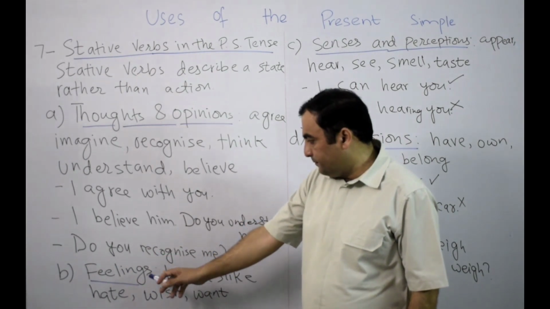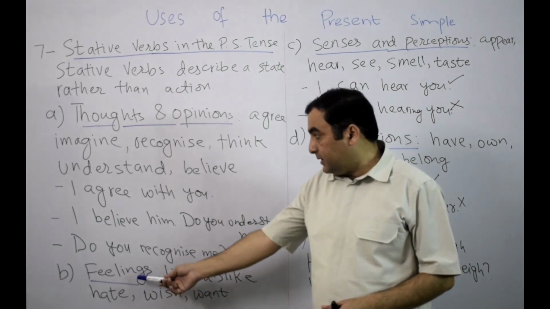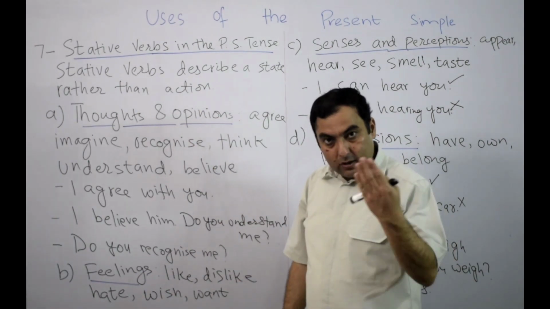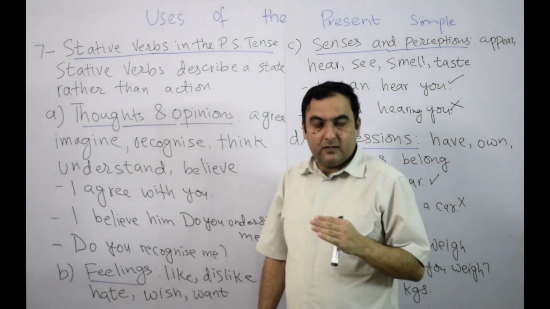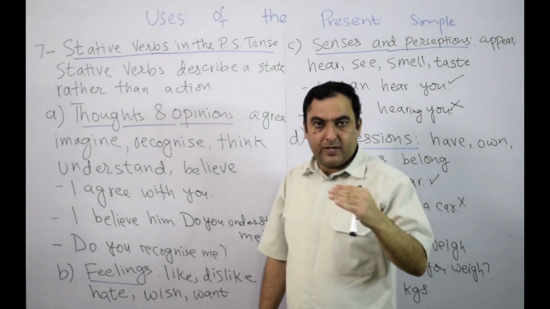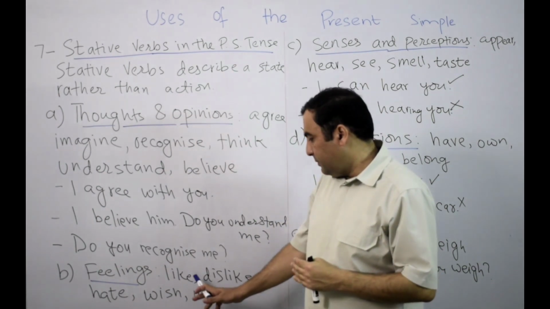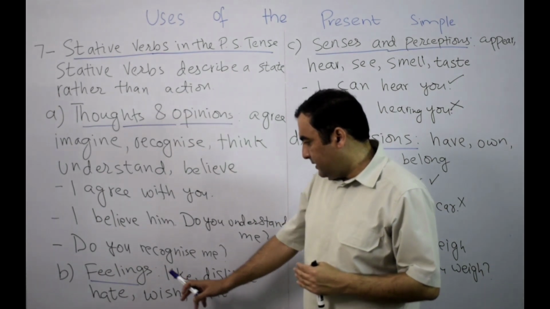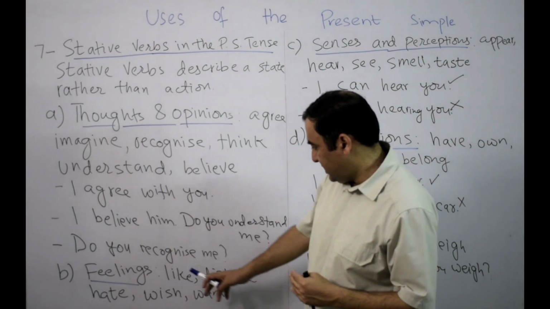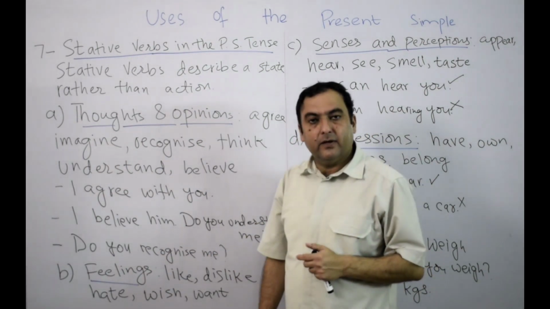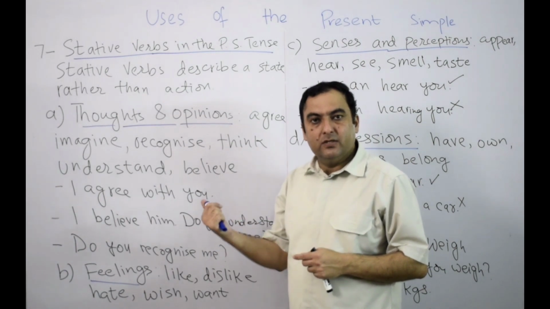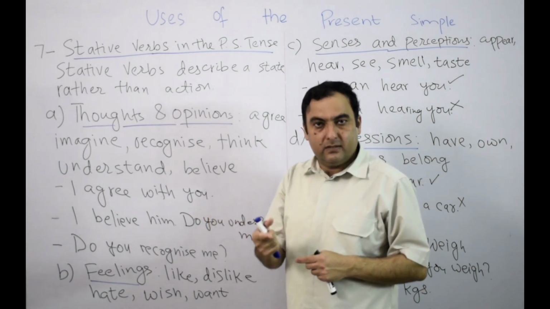Another subpart of the concept of stative verbs is feelings. Stative verbs express feelings. For example, like, dislike, love, hate, wish. Yes, love is also part of this category. So again, we use these verbs in the present simple tense.